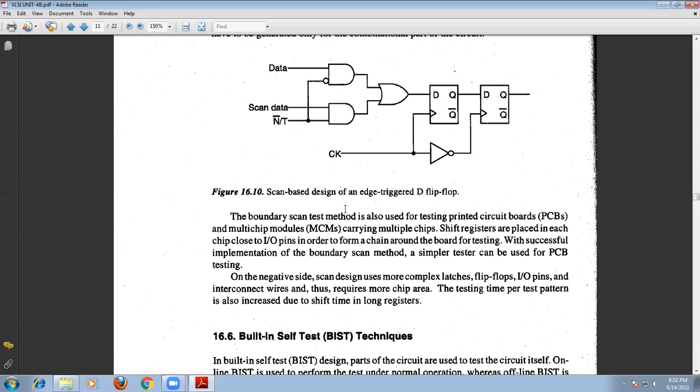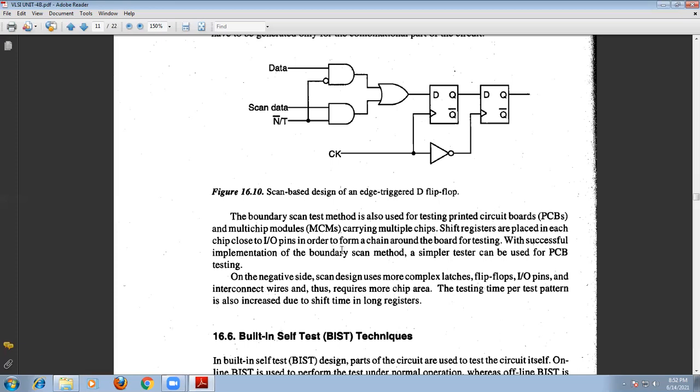The main disadvantage of this scan-based technique is that in the scan design we use more complex latches, flip-flops, IO pins and interconnecting wires.